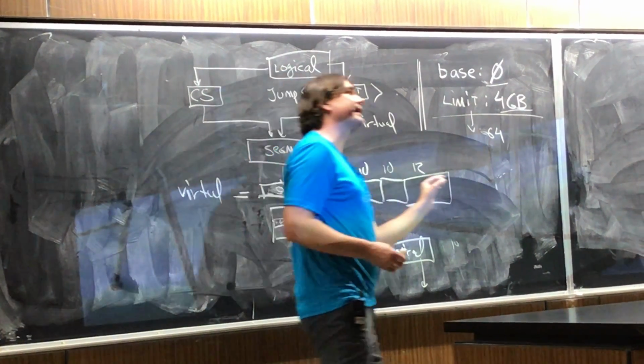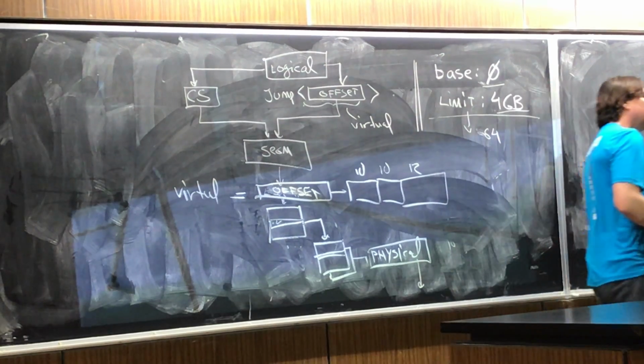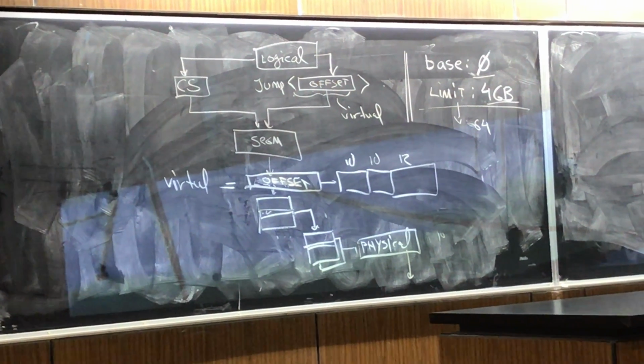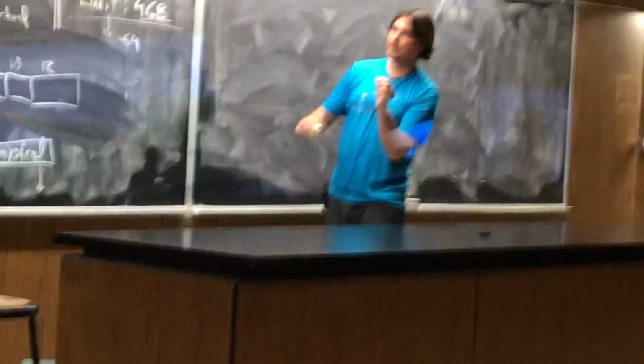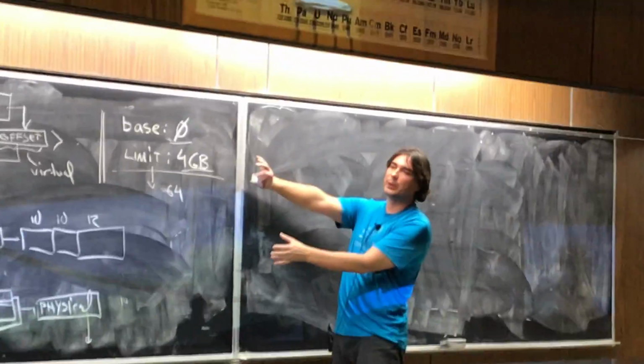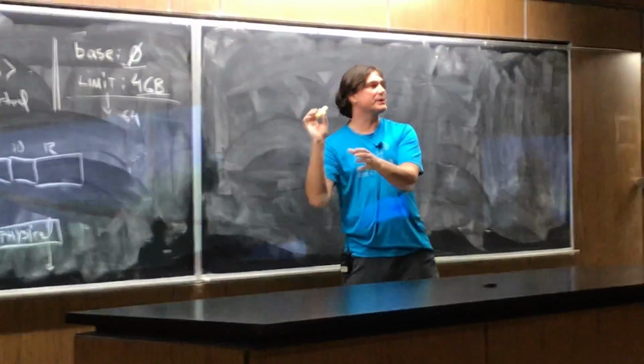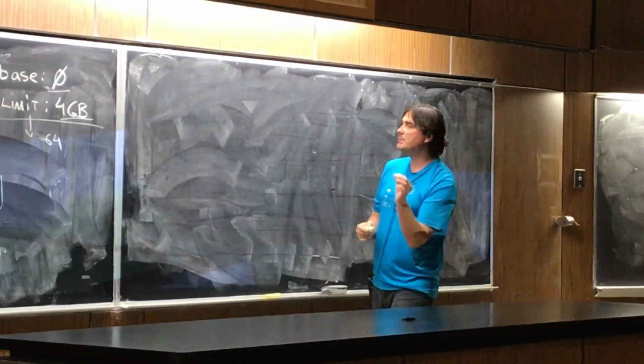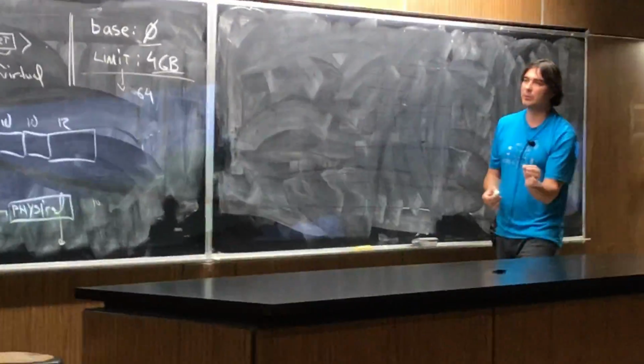Okay, do you want to hear how the segmentation works? My high-level goal today was, this is a bunch of low-level details, but the high-level picture is a little bit different, and maybe it's more important to understand the high-level picture.